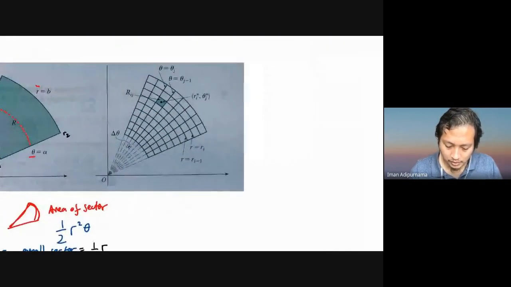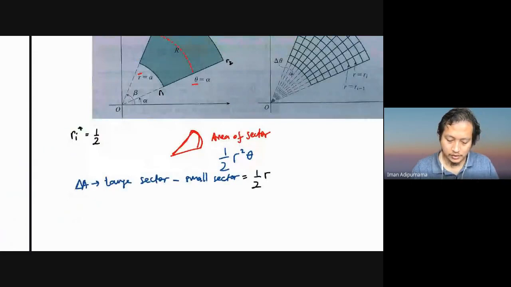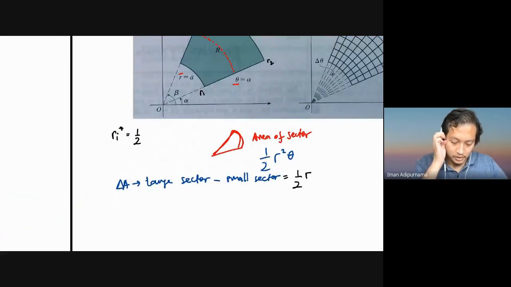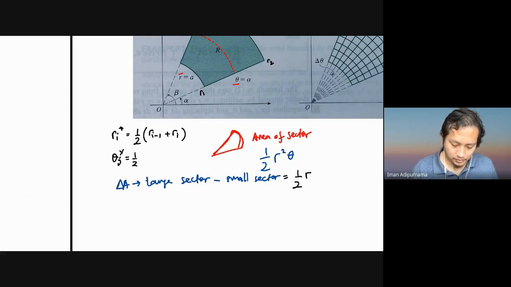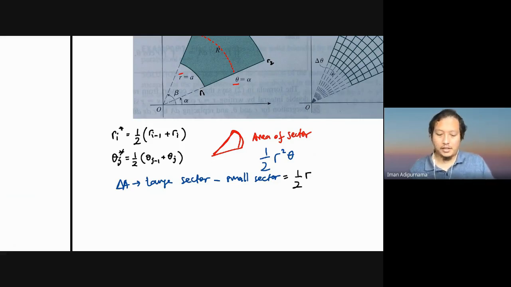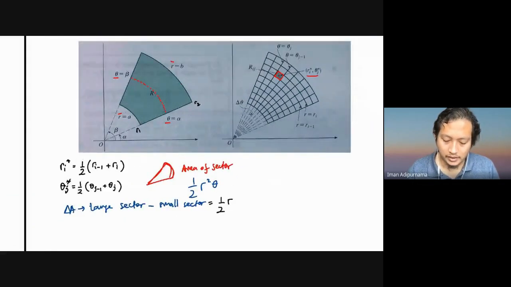If you see here, this rectangle, the center is Ri and theta. So let me write here, the Ri is actually the average of R1 and R2, and the theta is half. This is to set up the r and theta as the center of the rectangle.